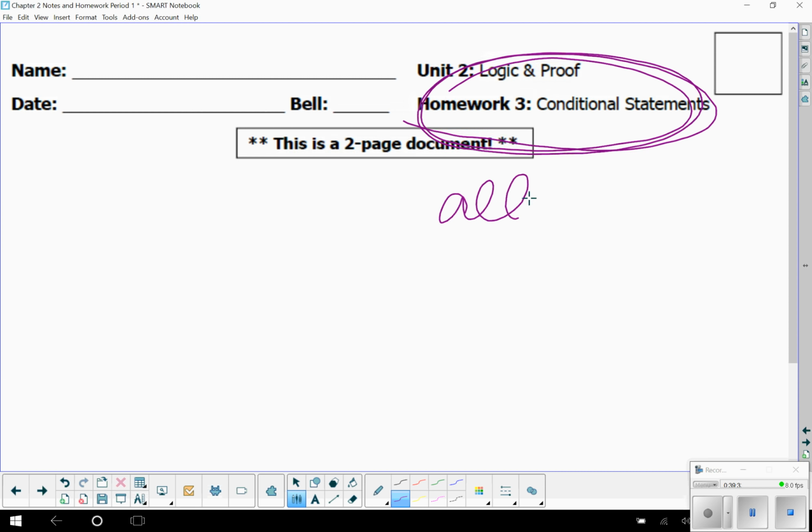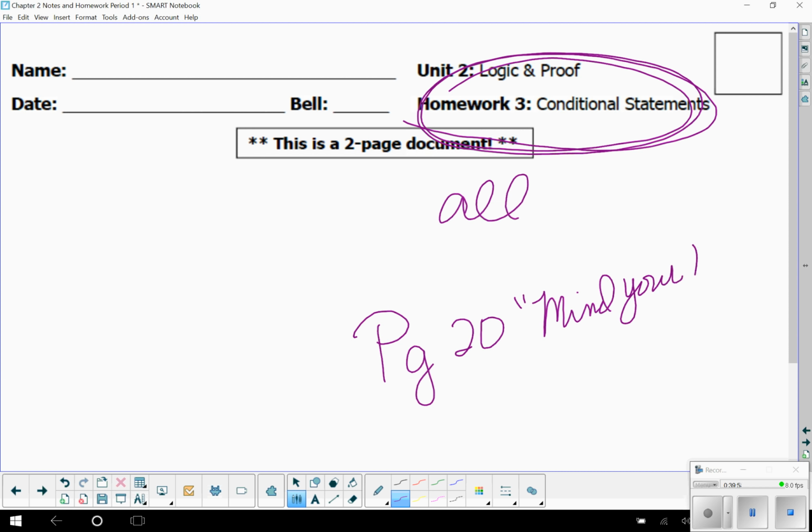You're going to also make sure you remember to do the graphic organizer that I told you guys about, on page 20. So homework 3, homework 5, and then this page 20, which is mind your P's and Q's. All right, guys, that's it.